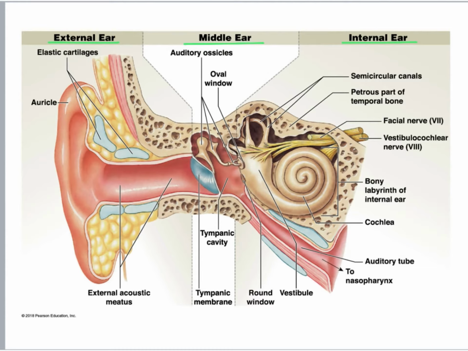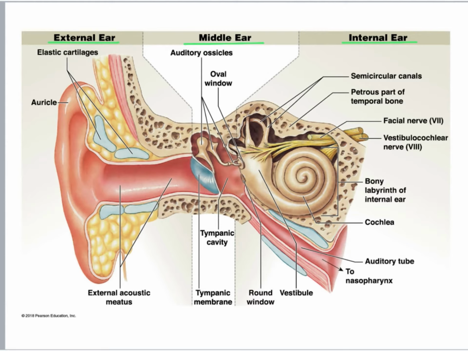Now, the middle ear is this region here in the middle, and it's sort of an air-filled cavity, which has the inner side of the tympanic membrane, and this side of the tympanic membrane is associated with the auditory ossicles, which are a series of bones called malleus, incus, and stapes that transmit vibration for sound.